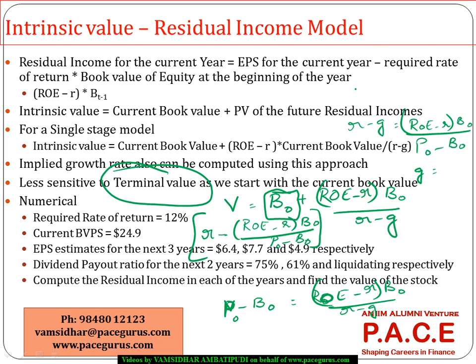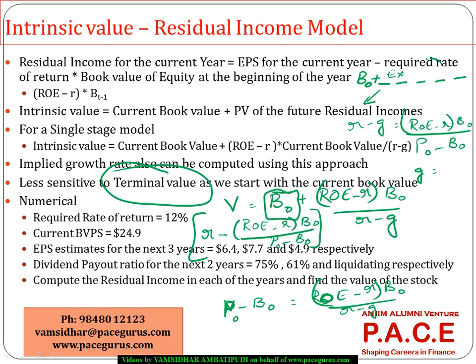Whereas when we are talking about the free cash flow based model or dividend model, we are saying all the future cash flows, discount them to the present value. We are not starting with any base. Whereas in this residual income model, we are saying the current book value plus the excesses.